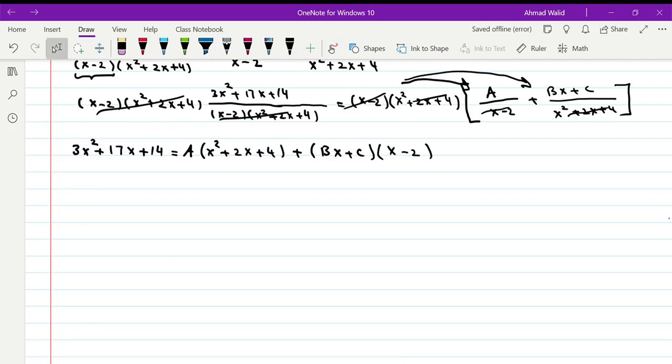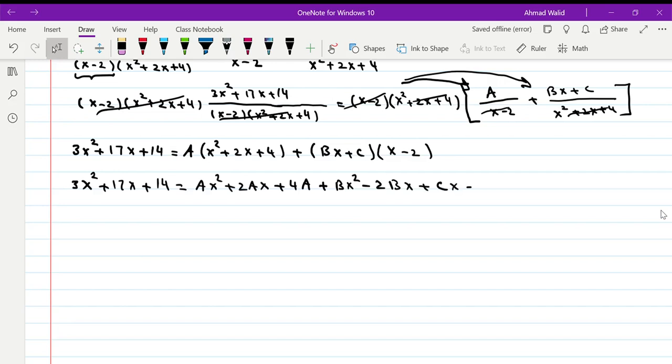Now simplify the left side. 3x squared plus 17x plus 14 equals ax squared plus 2ax plus 4a plus bx squared minus 2bx plus cx minus 2c.